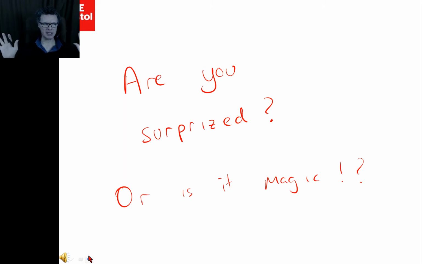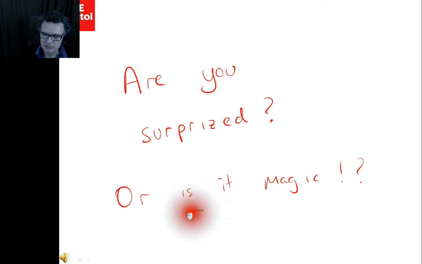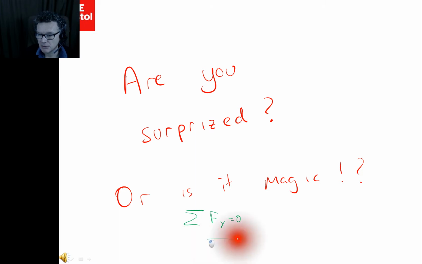Is this magic? I don't know. No, it's not magic. If I sum up my forces in the y direction, by the time I get to the end of the beam, I should have 0. So it's not magic, it's what I expect to happen.